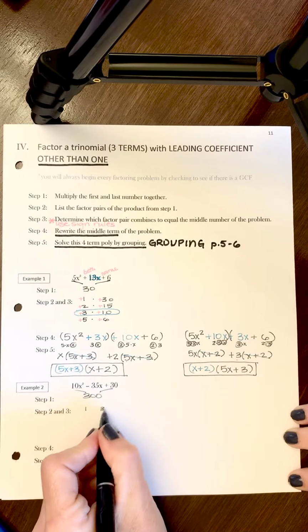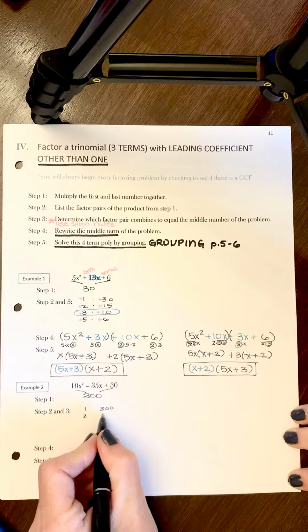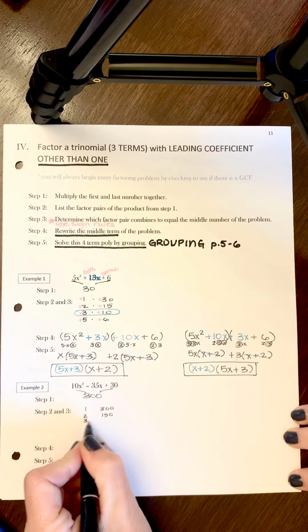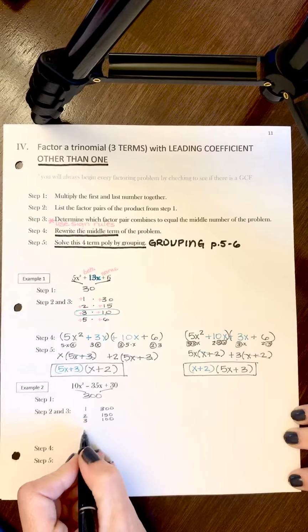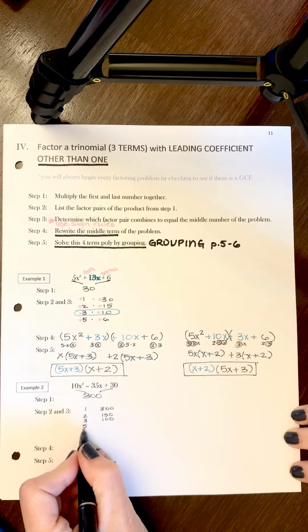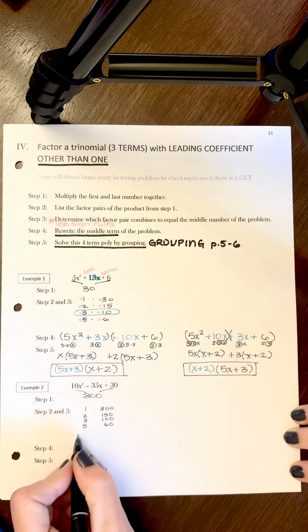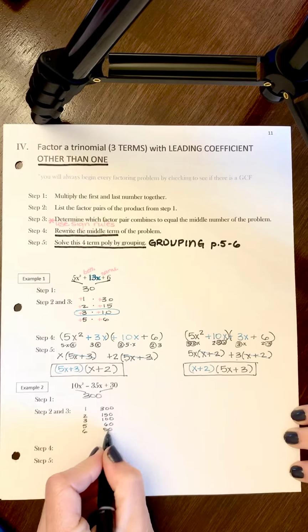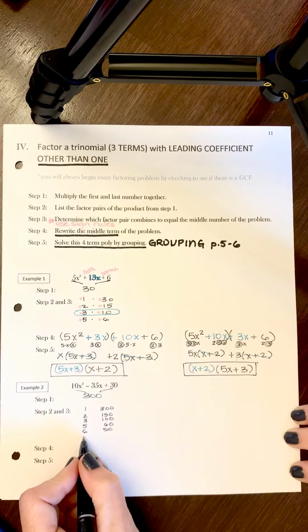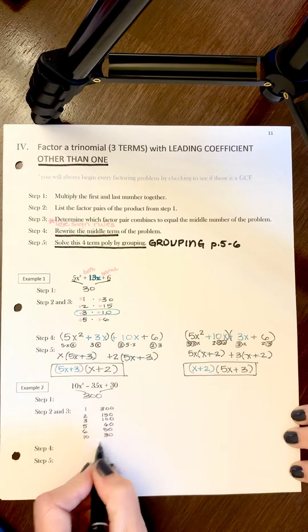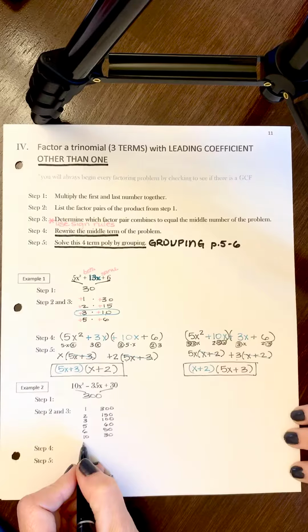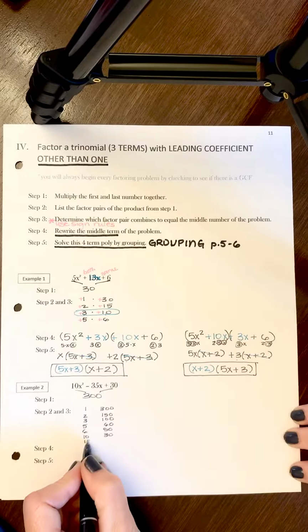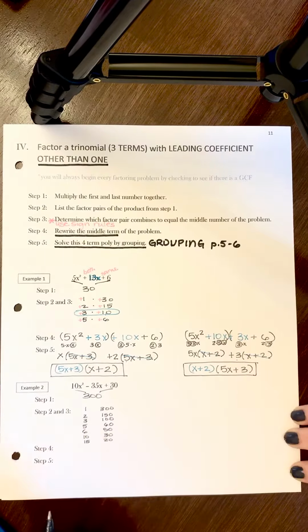Okay, 1 and 300, 2 and 150, 3 and 100. 4 won't go into it, 5 will go into it, 60, 6 will go into it, 50, 7 won't go into it, 8 won't, 9 won't, 10 and 30, and 11 won't, 12, no, 13, no, 14, no, 15 and 20. Okay, that's all of them.